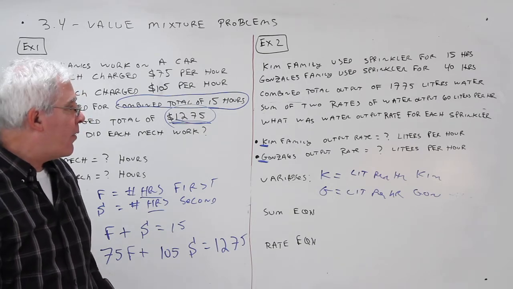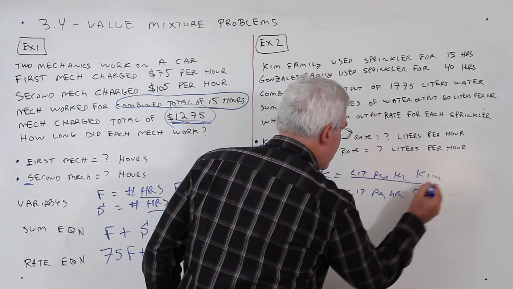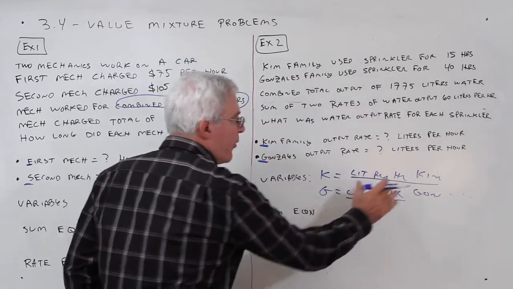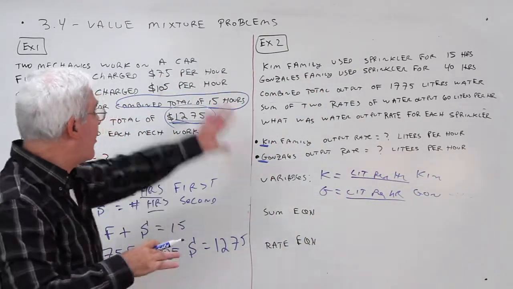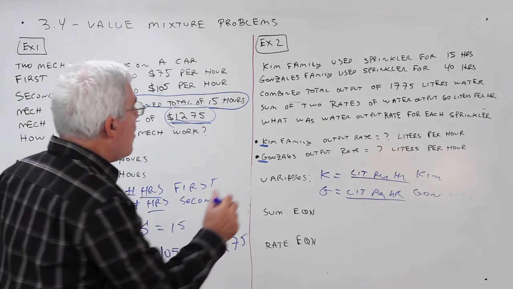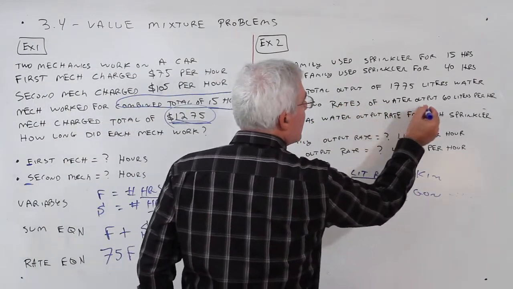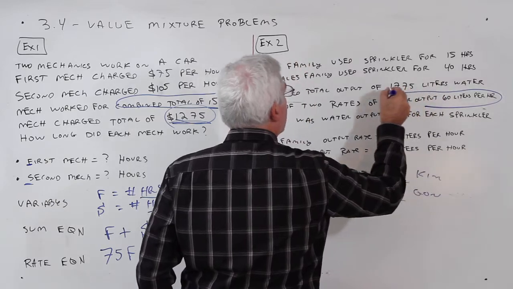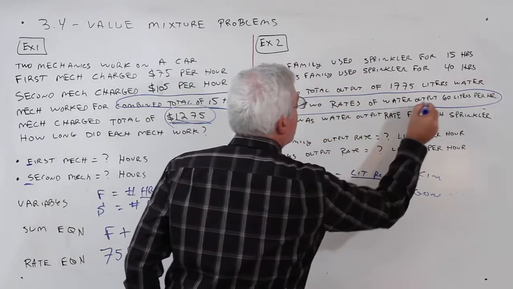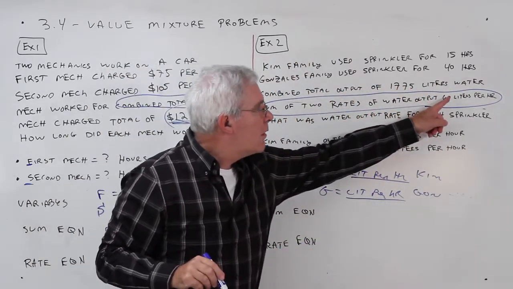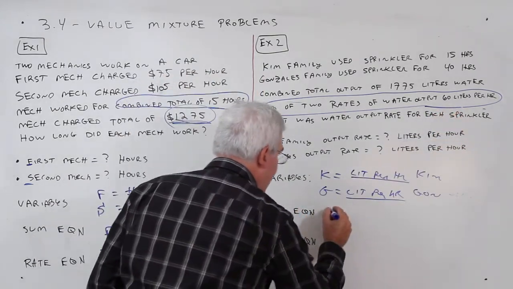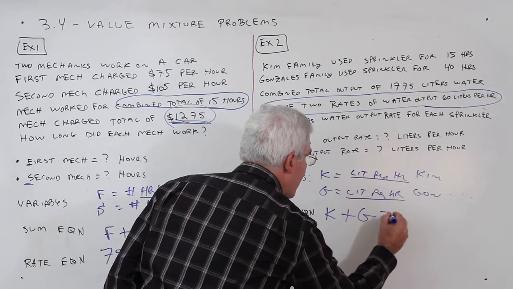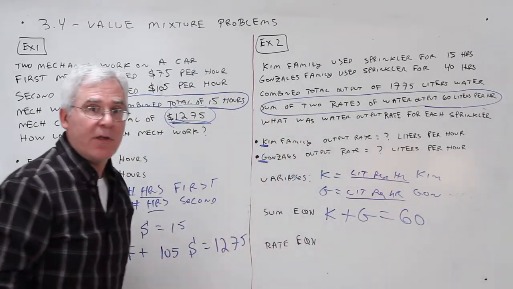Okay, so these units here, liters per hour and liters per hour, I'm looking for a summing of those in these words. Let's look at all these words. Oh, liters per hour sums 60. So K plus G equals 60.